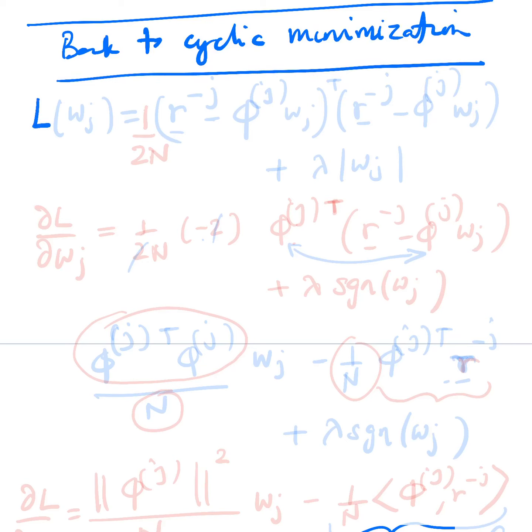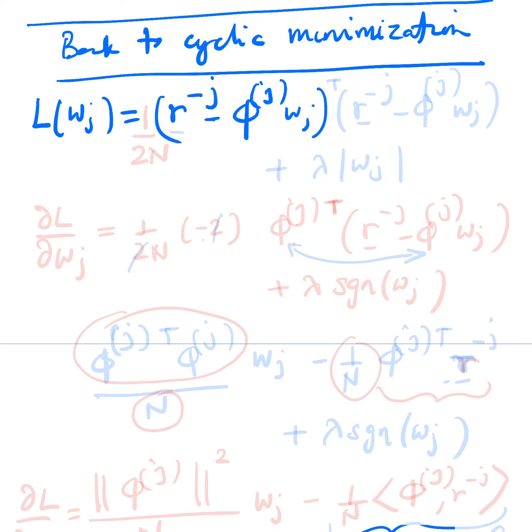And just a reminder that the cost function in terms of the jth coefficient was: look at the residual error in the target variable when you use all the other coefficients, and then try to reduce it using the jth feature, right?